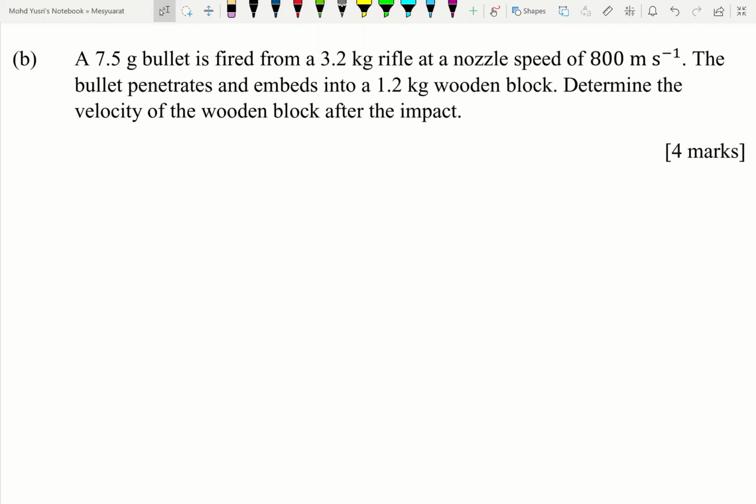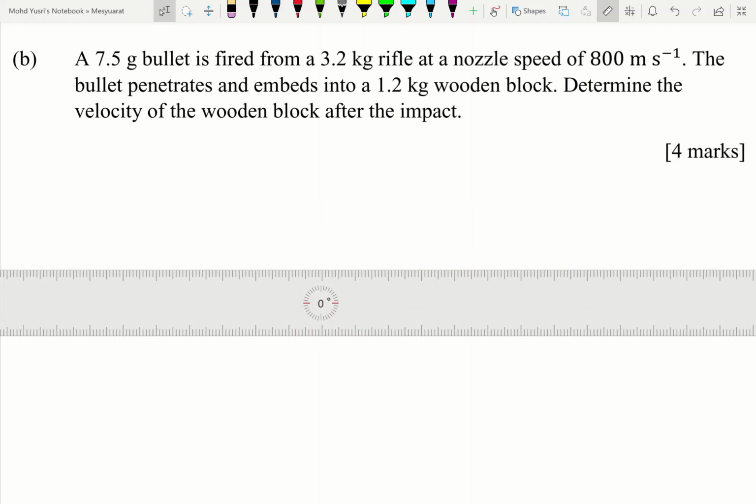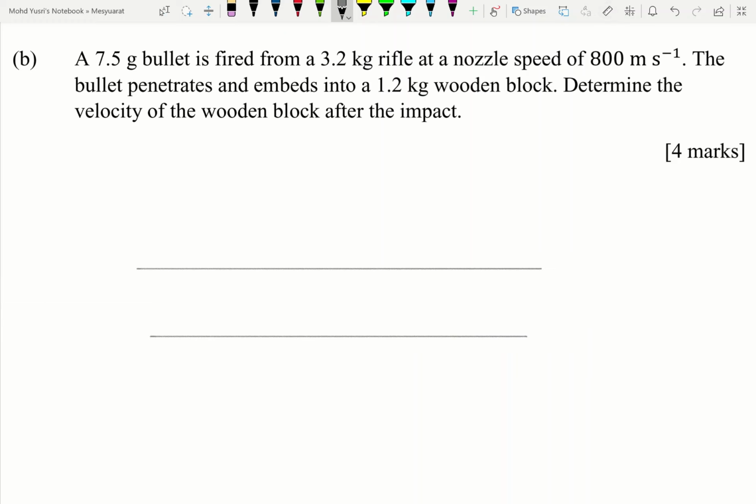A 7.5 gram bullet is fired from a rifle at nozzle speed 800 meter per second.